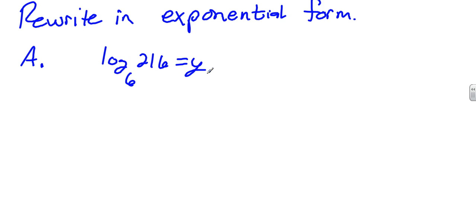So you've got the log of 216 base 6 equals y. When they ask you to rewrite it back in exponential form, that means you're going to take the same equation you've got, and now you're going to get rid of the log, so it'll be gone. The one thing that stays the same is your base. So if this one's base 6, your base 6 will stay the same here.